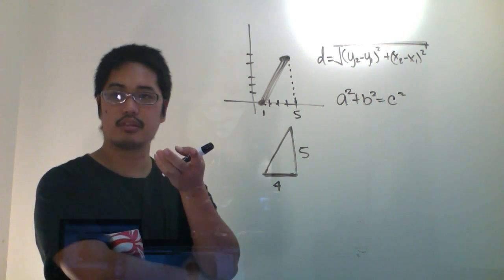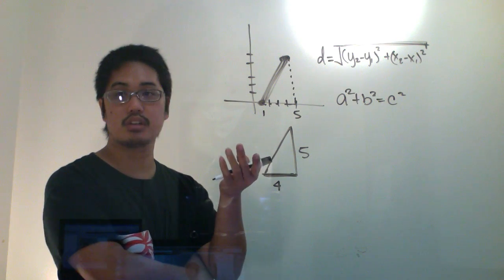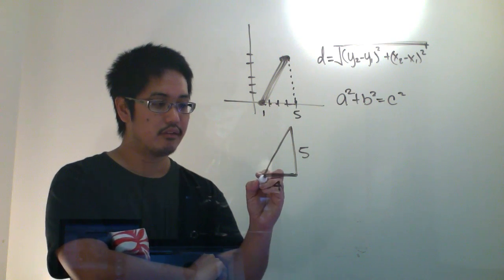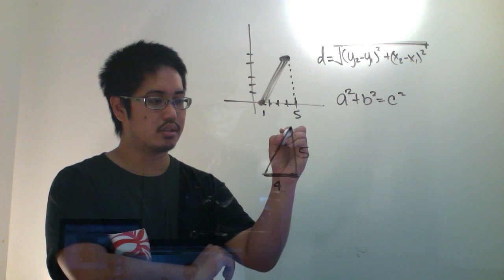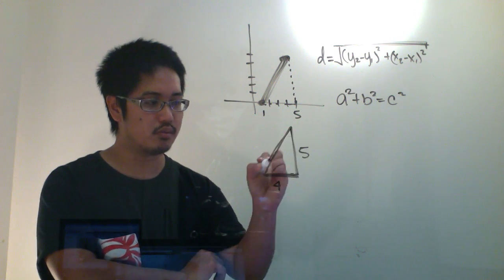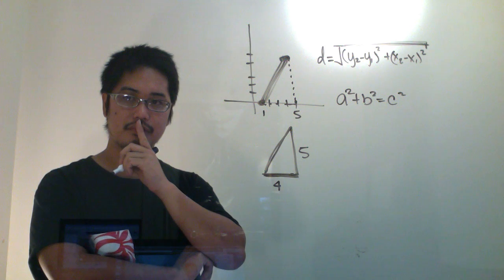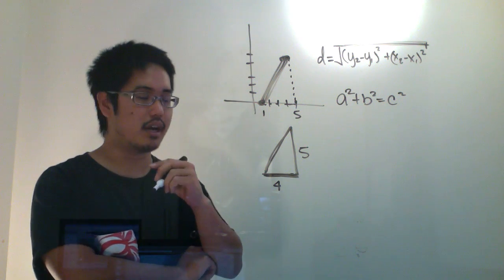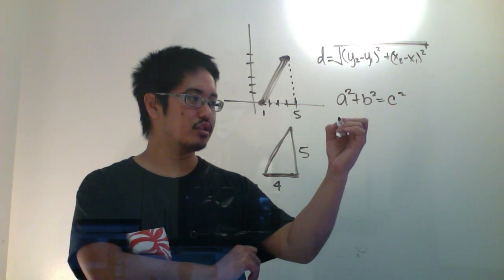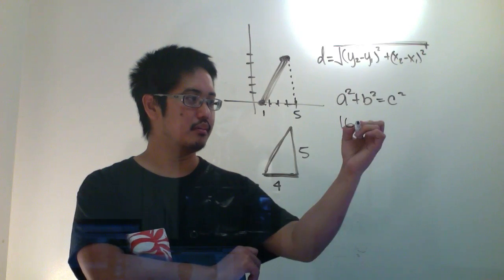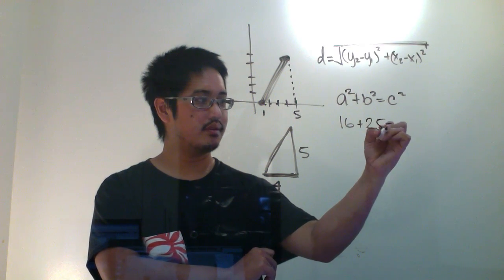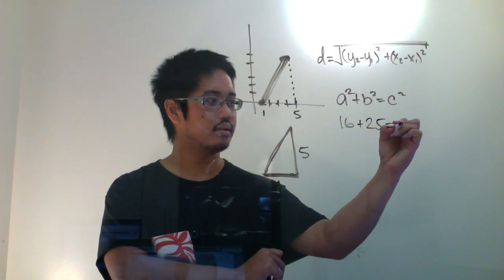This is called the Pythagorean theorem, and you can use it on right triangles. It would say 4 squared plus 5 squared is equal to whatever this is. I don't know what that is, but I can figure it out. 4 squared is 16, plus 25 equals C squared.